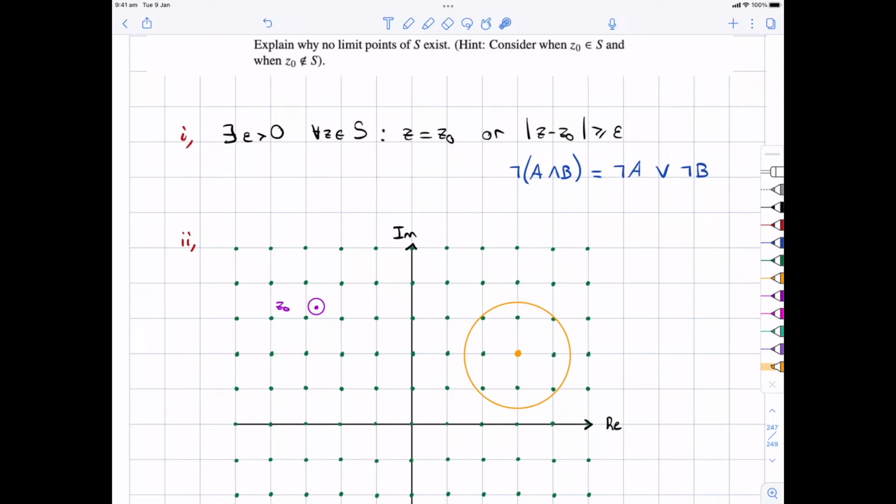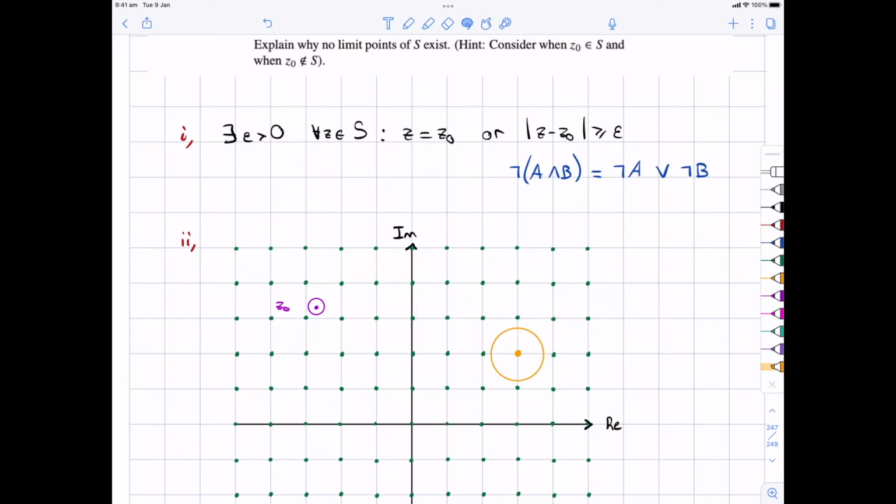I want to be able to find a radius so that the circle only contains z0 and all of the green points, all of the Gaussian integers, are outside of that circle. Can I do that? Yep, I can. I just reduce the size of my radius, like this.